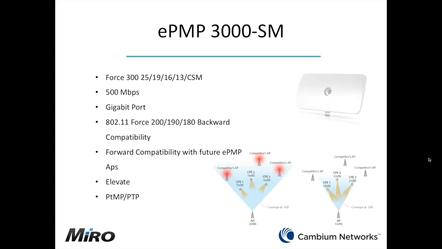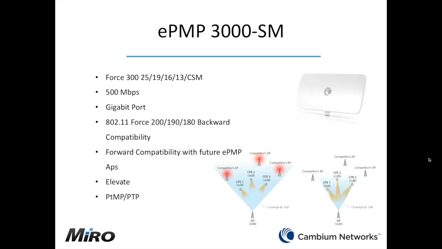No, that's 100% correct. What you just said is backed up by some of the results that we're actually seeing, especially in South Africa, when some of the wireless ISPs just changed the EPMP 2000 base station or access point with a 3000 access point, and they saw in the vicinity anything between 40 and 60% increase in bandwidth on that sector.